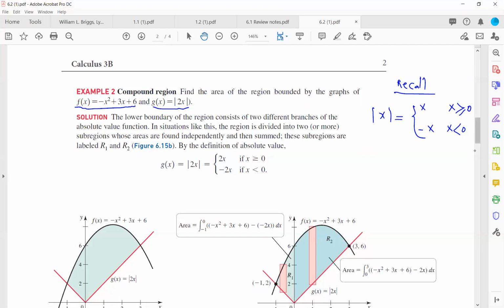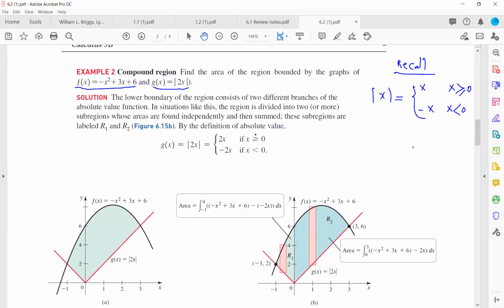Perfect. So absolute value of 2x is equal to, when x is positive, of course you get 2x back. If x is negative, you have minus 2x.